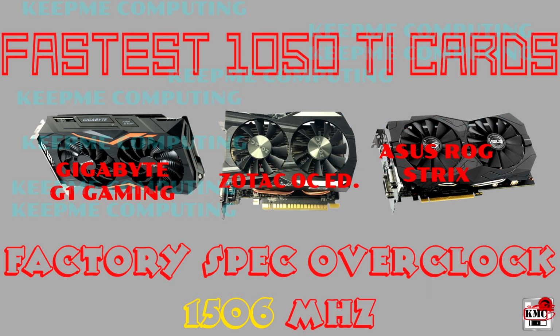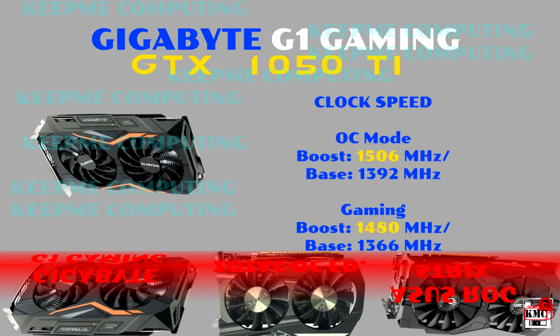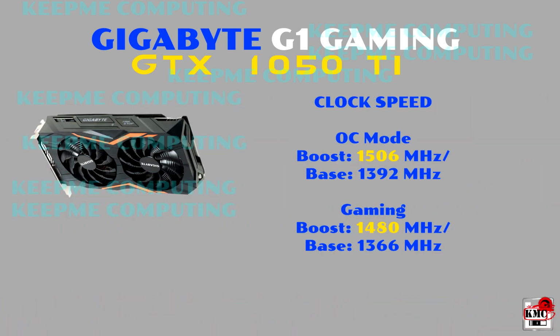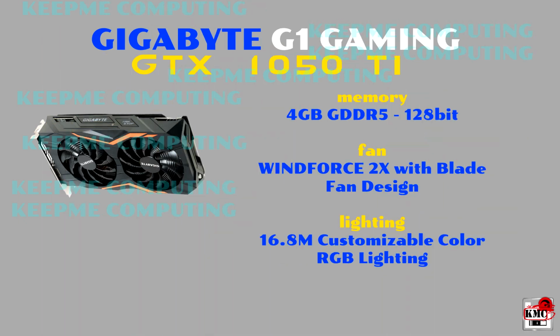And we look at the Gigabyte G1 Gaming first, and the clock speed of the Gigabyte G1 Gaming is 1506 MHz and a gaming boost of 1480 MHz. And the memory is 4GB GDDR5 with a 128-bit bus width, and the fan is the Windforce Gigabyte design, which is two 90mm fans, but uniquely one fan spins in the opposite direction.